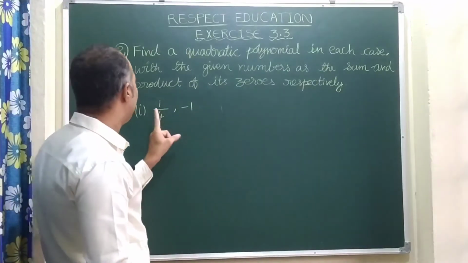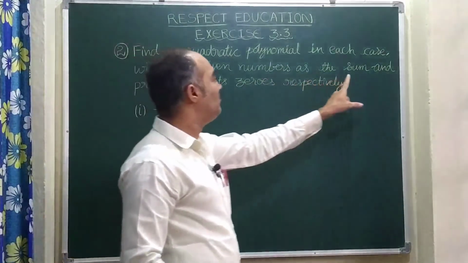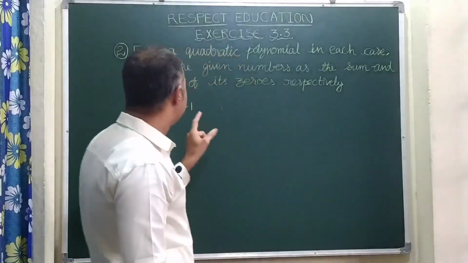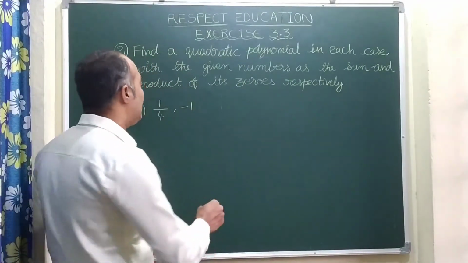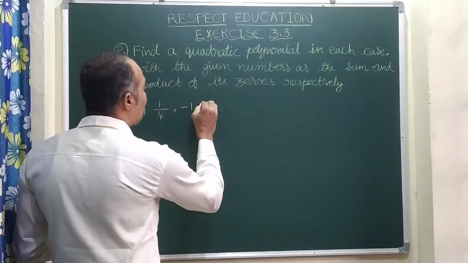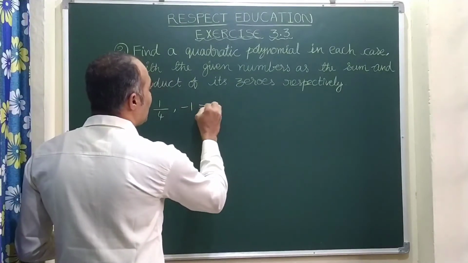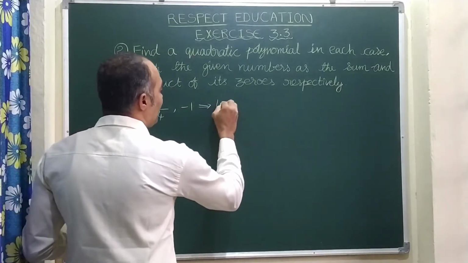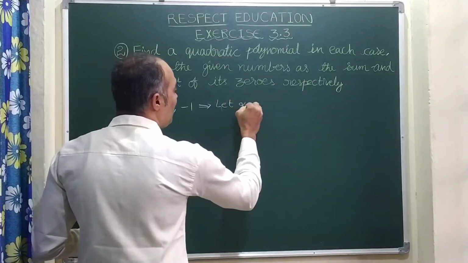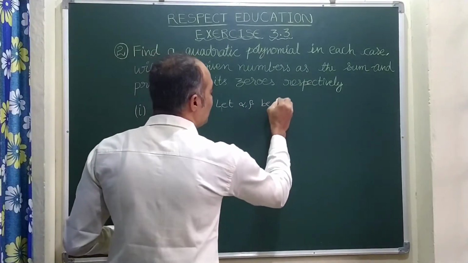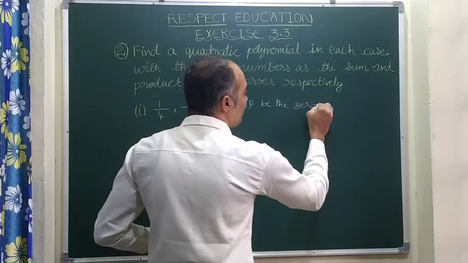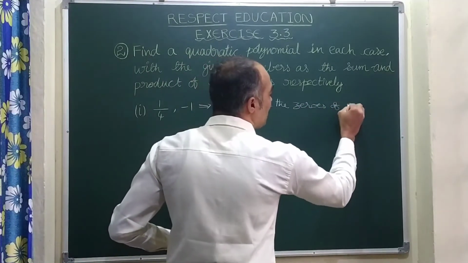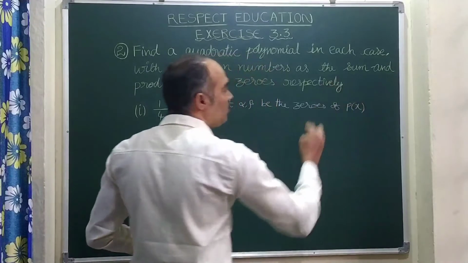The first number indicates the sum of the zeros and the second number, minus 1, indicates the product of the zeros. So let us take the zeros as alpha and beta. Let alpha, beta be the zeros of the required polynomial, that is p of x. We are going to find p of x.